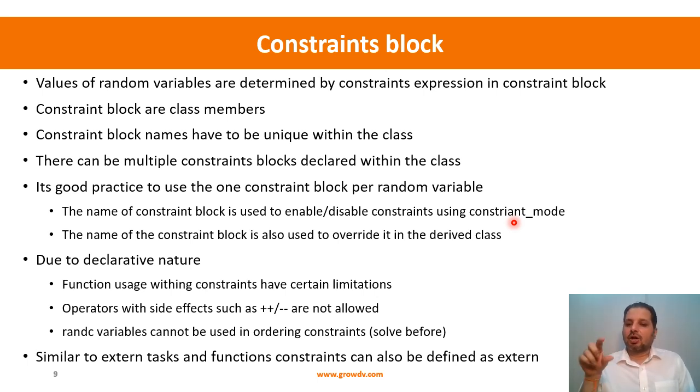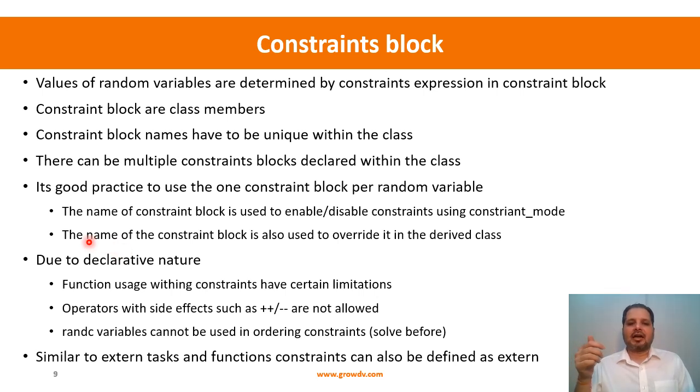So I want to turn off the constraint so that it can behave more freely. If I want to do that, I can use the constraint mode, and when I turn it off, it only turns off for that particular variable. So it provides you better control. So generally use one constraint block per variable unless you have a very definitive reason not to do so. However, the language doesn't prevent you from doing that.